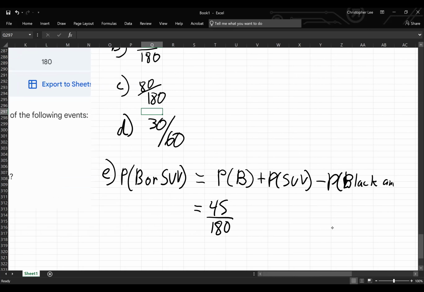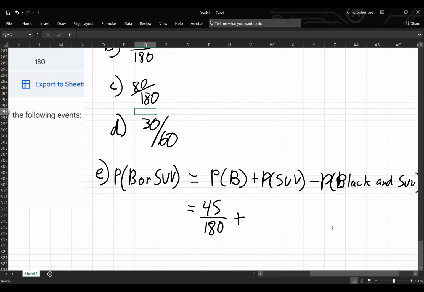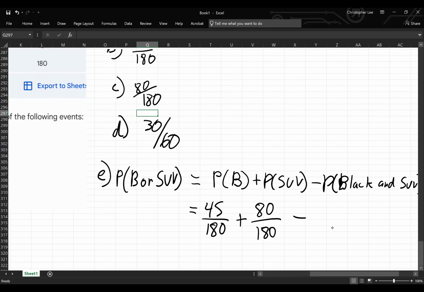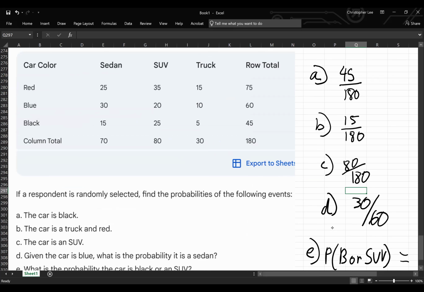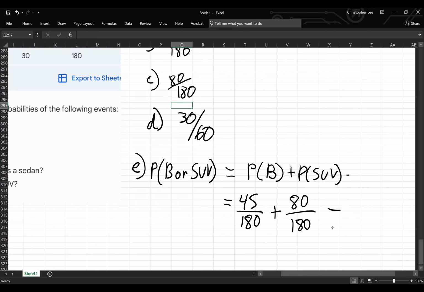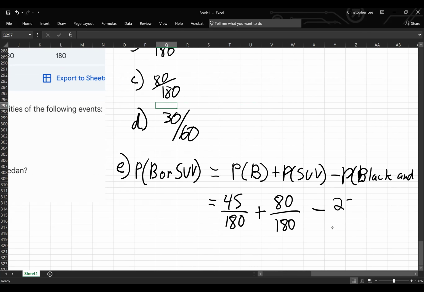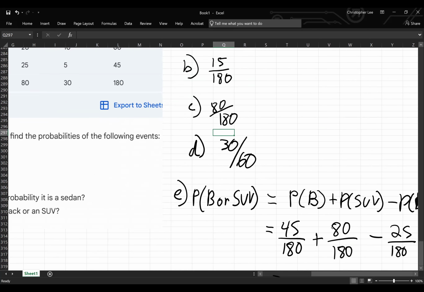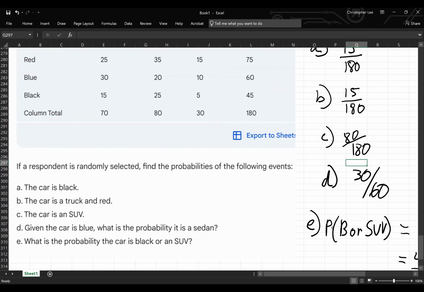Now, what's the probability of black and SUV at the same time? 25. Good.